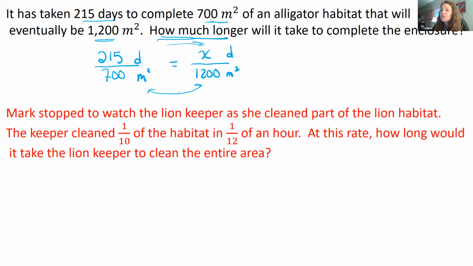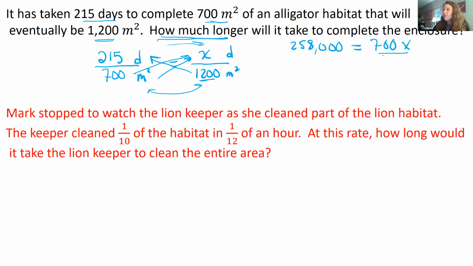Okay. Now, in order to solve a fraction equals a fraction, you can always cross multiply. So we're going to multiply 1,200 times 215, and that is a great big number, 258,000, equals 700 times x, which is 700x.